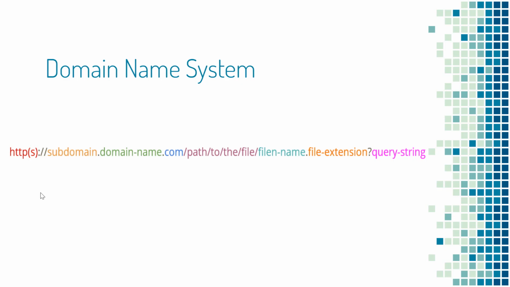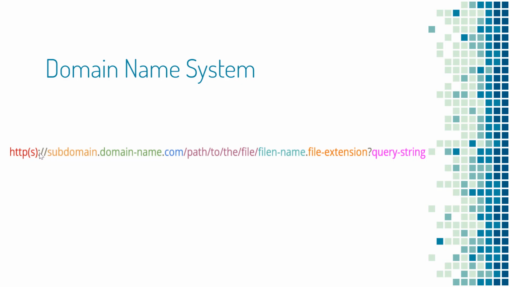That means the request for the website you are trying to reach will be sent through this protocol. So in this case, either we have HTTP, which is just non-secure transmission, or we might have HTTPS. So either HTTP or HTTPS will be used to transmit your data.